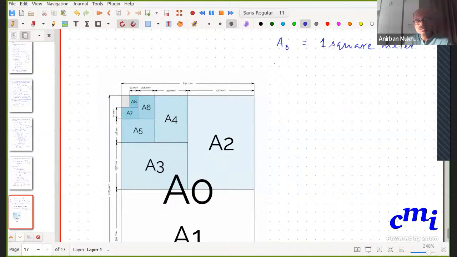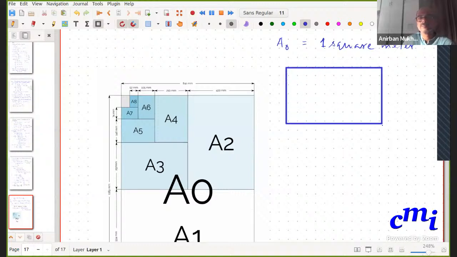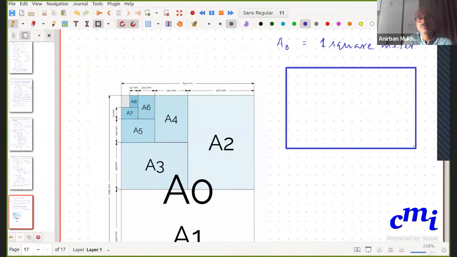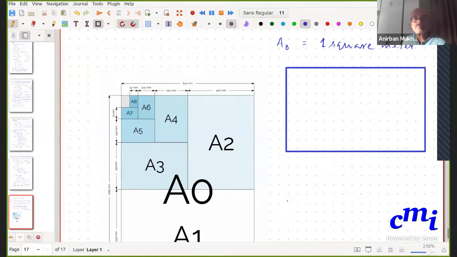So the idea is to cut it up in such a way. Actually, I should draw it. Let me draw a rectangle. Suppose this is the biggest one.